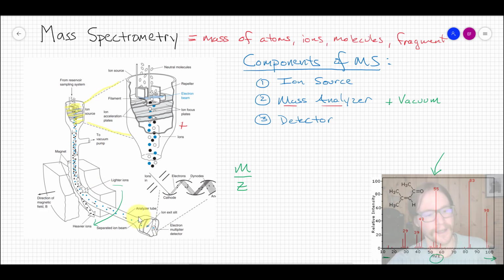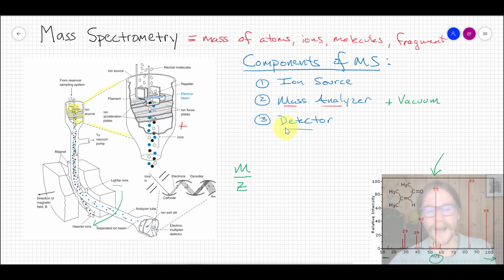But that's not always true. Sometimes in a magnetic sector instrument like this, you might be separating a bunch of isotopes of, say, lead, of all the different stable isotopes that exist, in which case you're not separating fragments, you're literally separating your analytes inside the mass analyzer. In that case, it becomes both a separation tool, and then we need something on the back end to actually measure how many of each of those ions we had, and that's no different here.